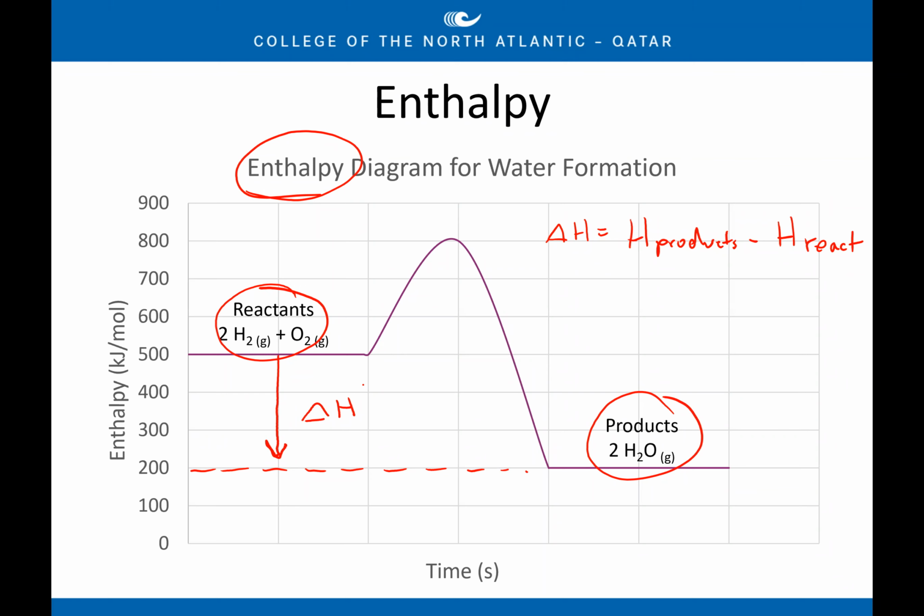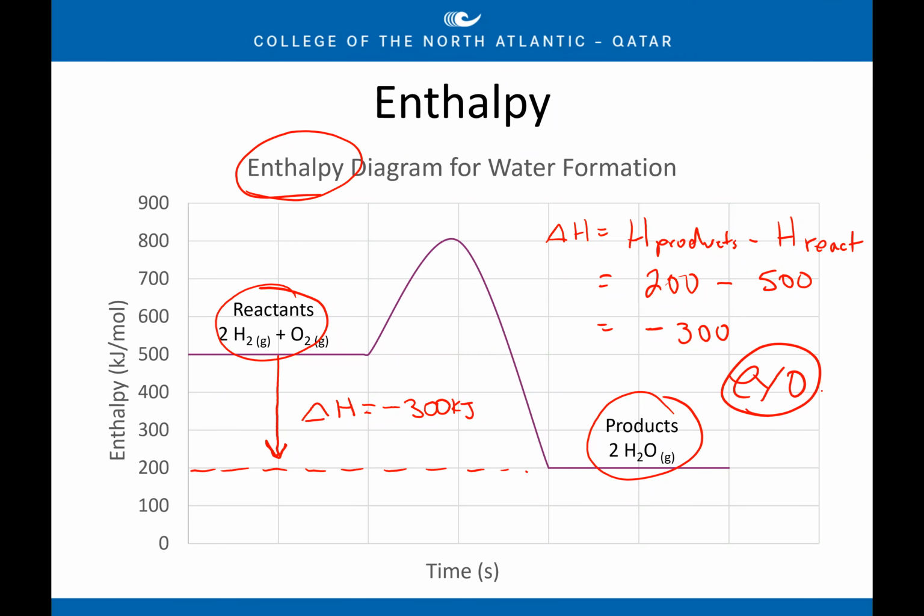So the reaction here would be exothermic, and the difference is negative 300 kilojoules. I took the 200, subtracted the 500, and I get my negative 300.